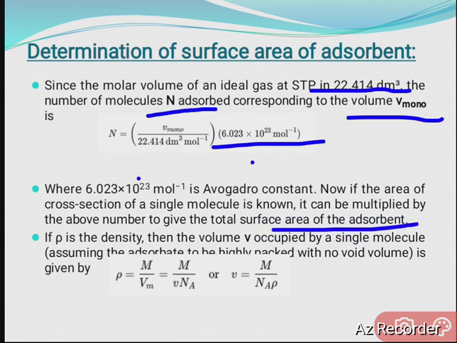Now if rho is the density, then the volume V occupied by a single molecule is given by rho equals m divided by Vm, which equals m divided by V into Avogadro number Na. m is the molar mass of the molecules of gas adsorbed on the surface, and Na is the Avogadro number. Then volume V equals m divided by Na into rho.